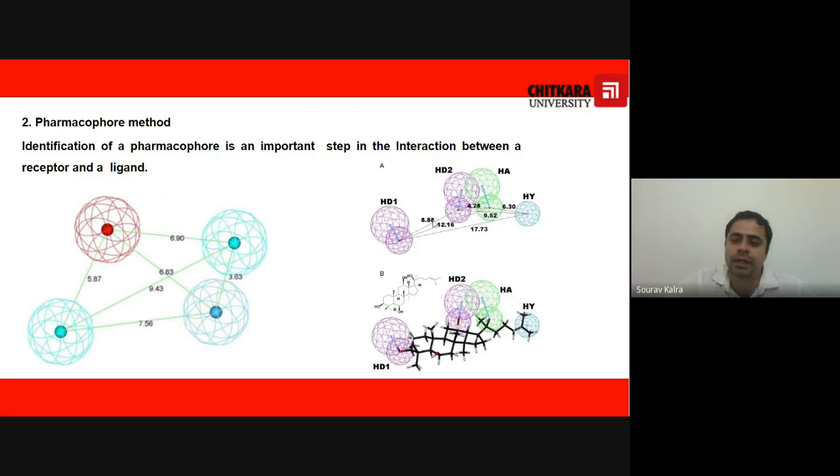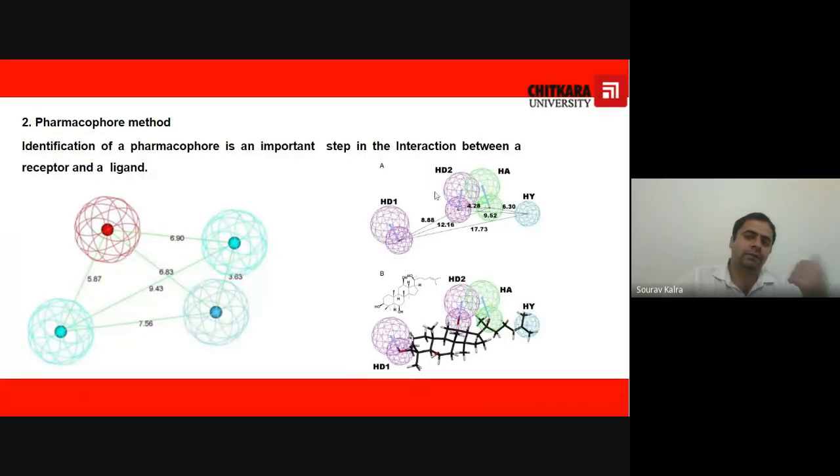We take this pharmacophore and screen a database of compounds having around 1000 or 2000 or lakhs of molecules. On the basis of distance, we get the molecules that mimic these features.